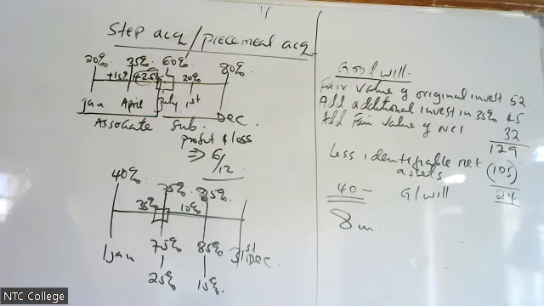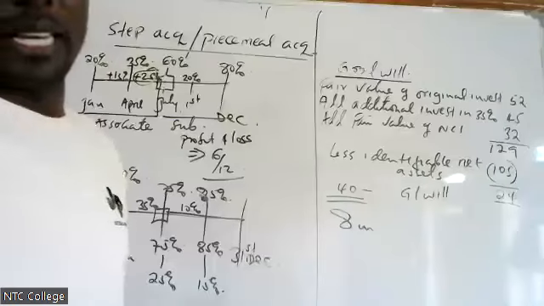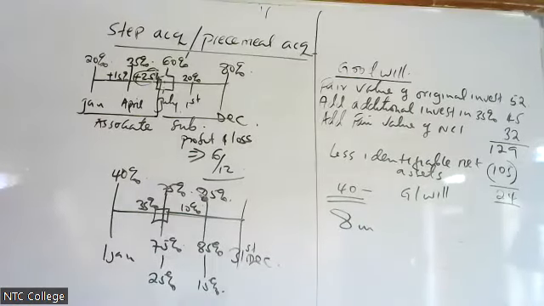Required: prepare journal entries to record the change in ownership from 75% to 80%.